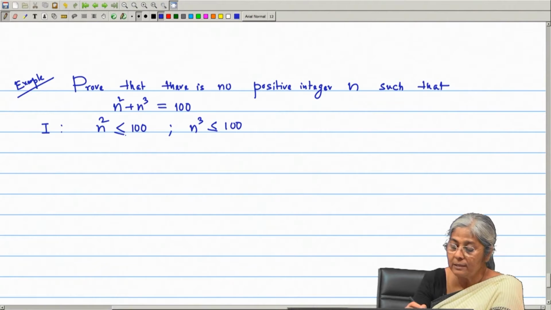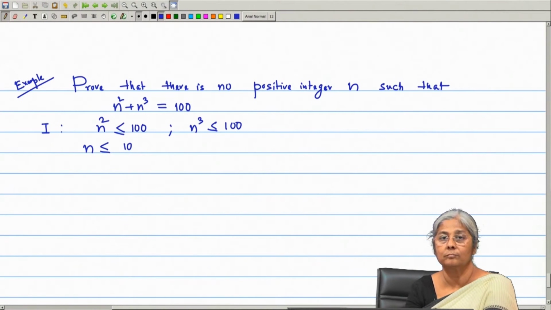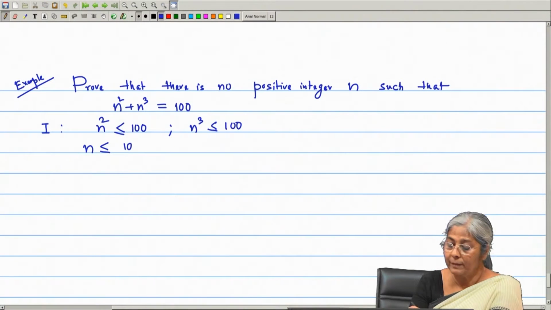So, n square less than or equal to 100 means n must be less than or equal to 10.